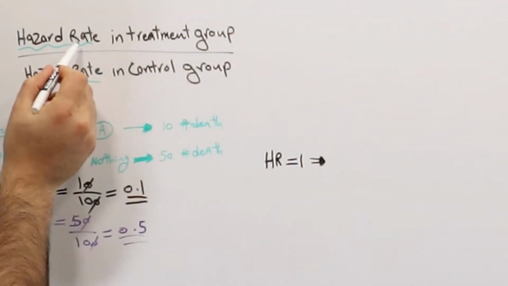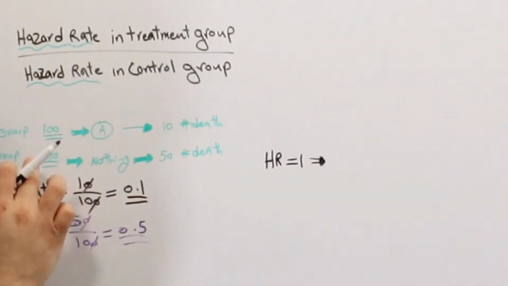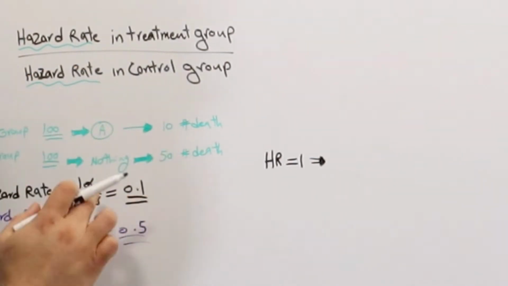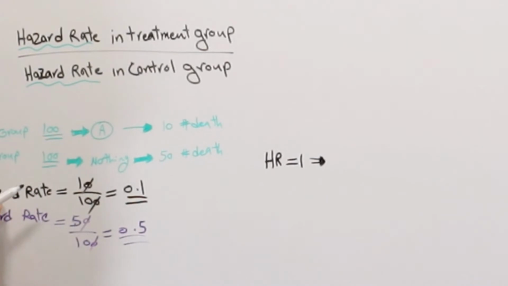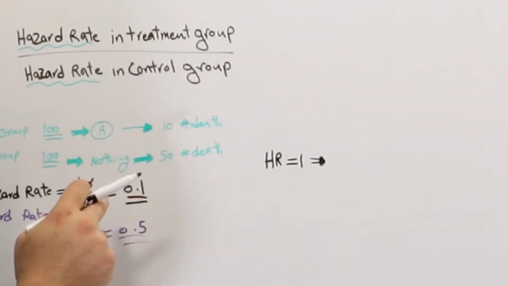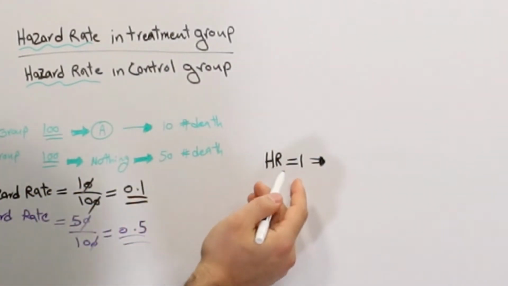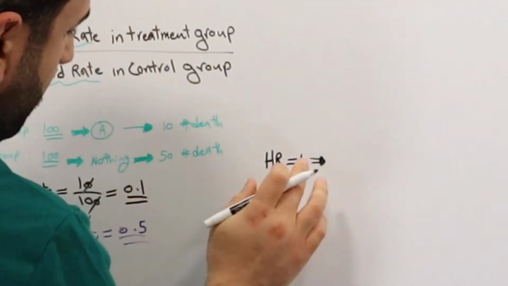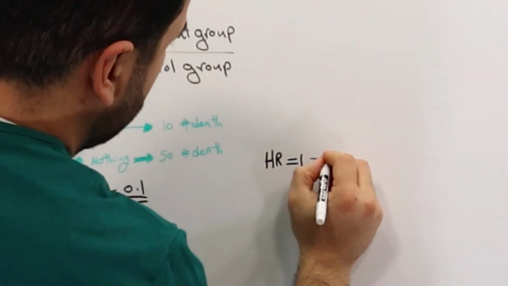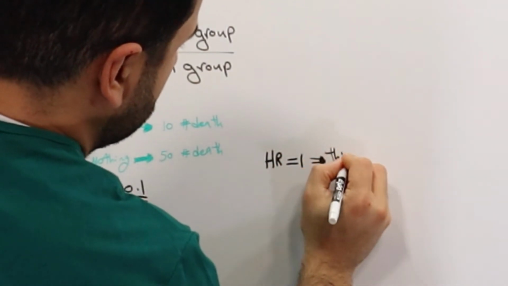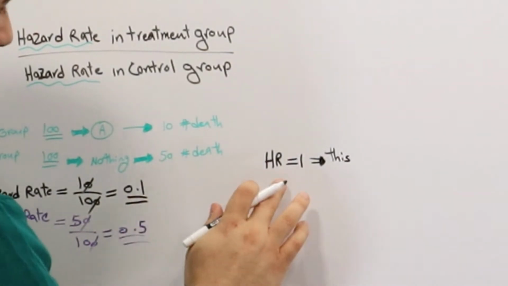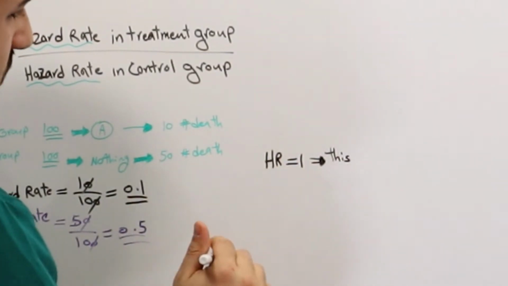In this example, let's say the hazard rate for the treatment group was 0.1, and for the control it's also 0.1. So 0.1 over 0.1 is equal to 1. Therefore, hazard ratio is equal to 1.